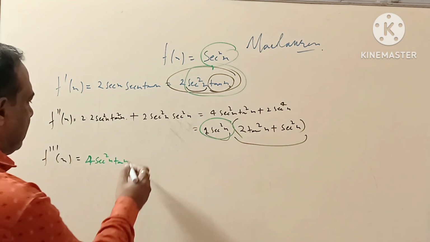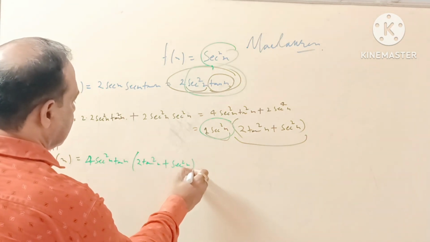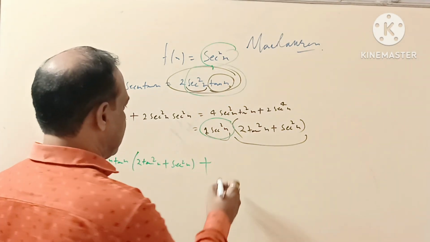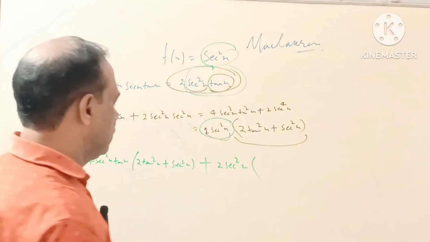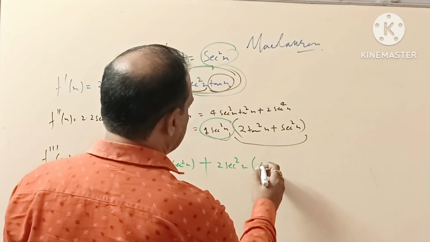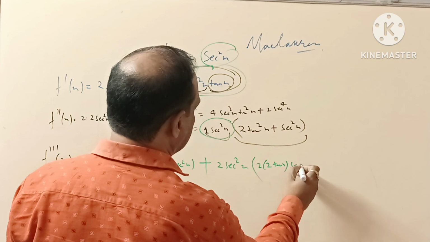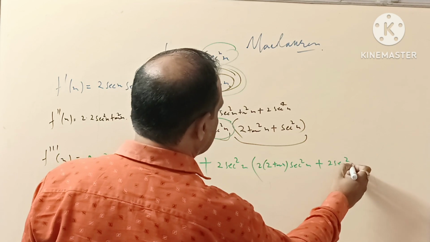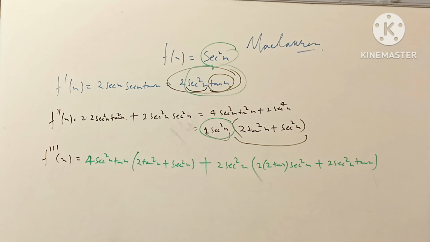Then the second part will remain as it is, because I am applying the product rule, and then a plus sign is there. Then I will differentiate the second part, and the first part will remain as it is, which is 2 sec square x. In the bracket I will have 2 tan square x, and 2 tan square x will give me 2 tan x, and on differentiating tan x it will give me sec square x. Okay, plus sec square x will again give me 2 sec square x tan x from the first part.